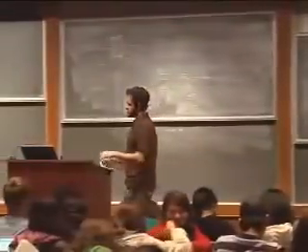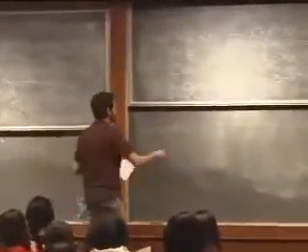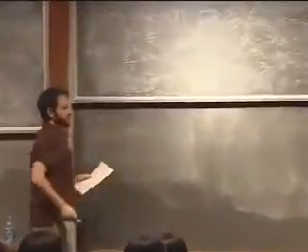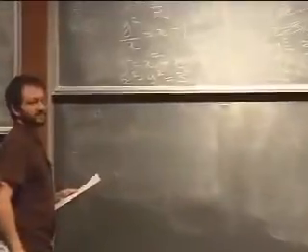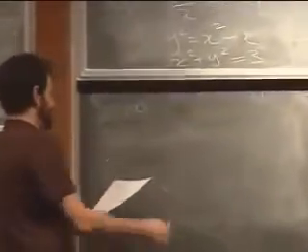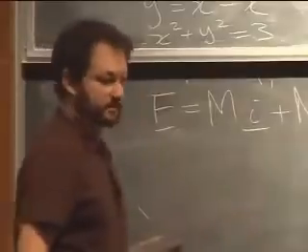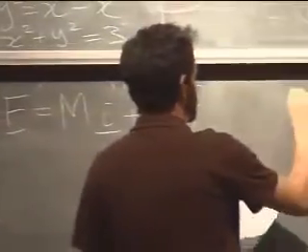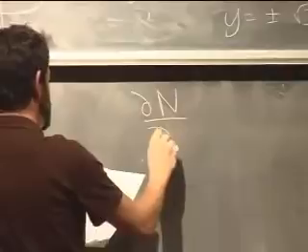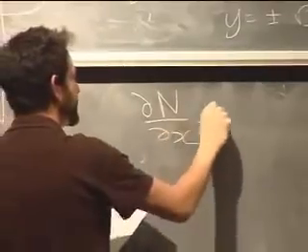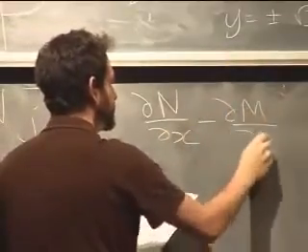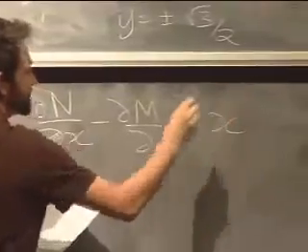January 2007, number 5. We better do part A. Give an example of a vector field F equals M i plus N j such that dN/dx minus dM/dy equals x.